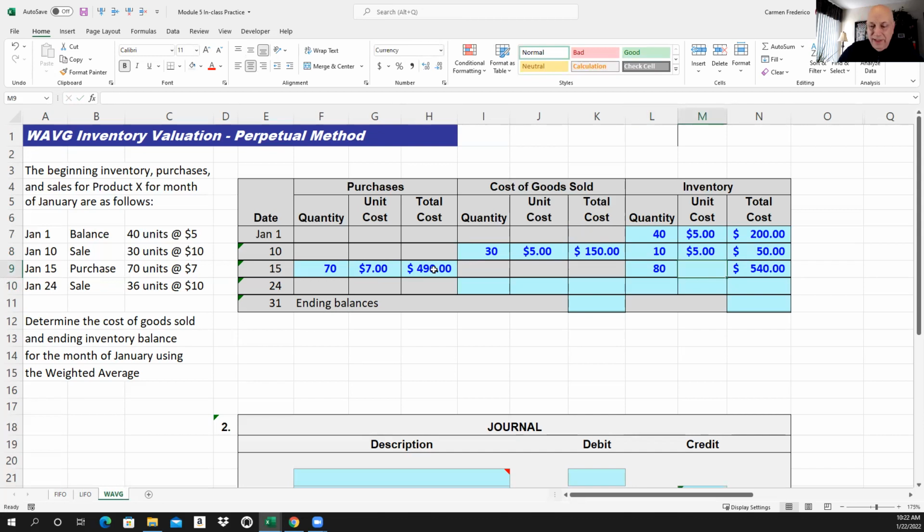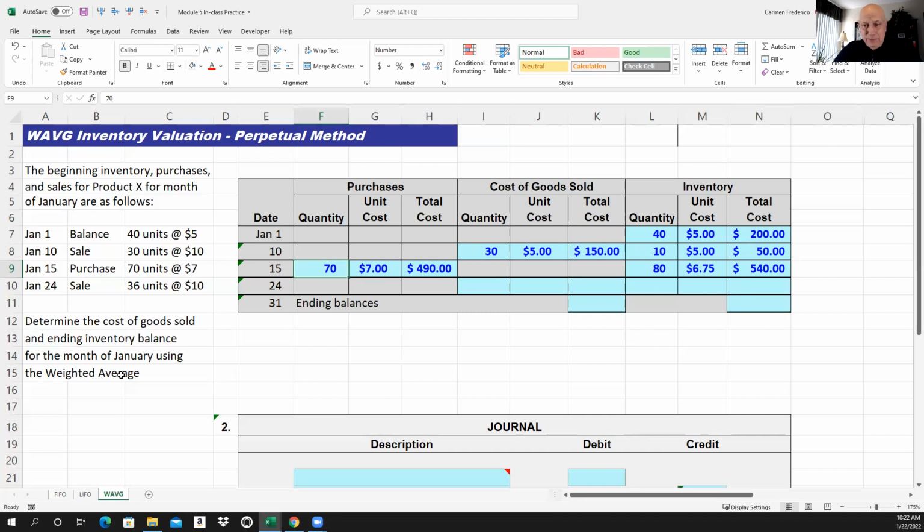So we simply take the $540 of total cost of inventory, divided by the number of units. We get a unit cost of $6.75 per unit. That's a weighted average cost. Again, it's not $6, which would be a simple average. It's $6.75 because you have a lot more units at $7 a piece than you do at $5 a piece.